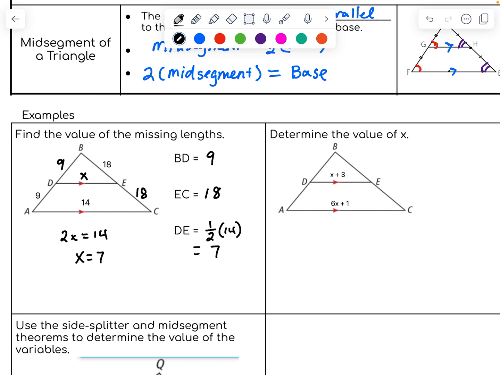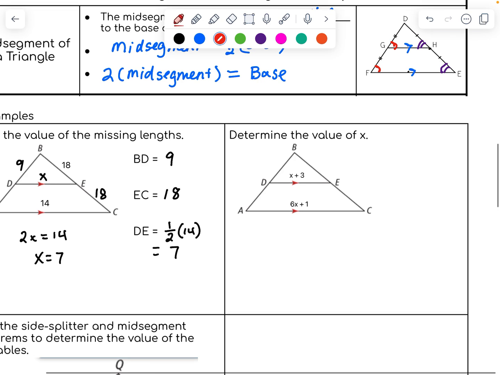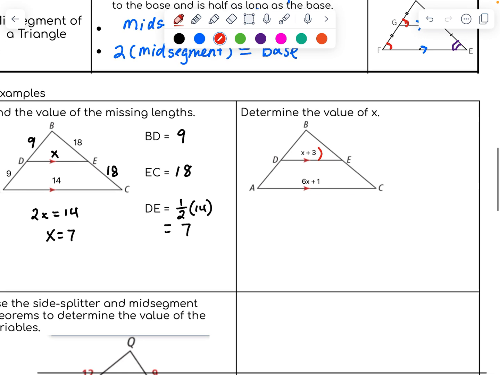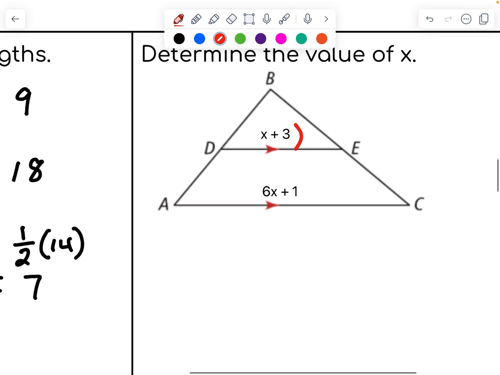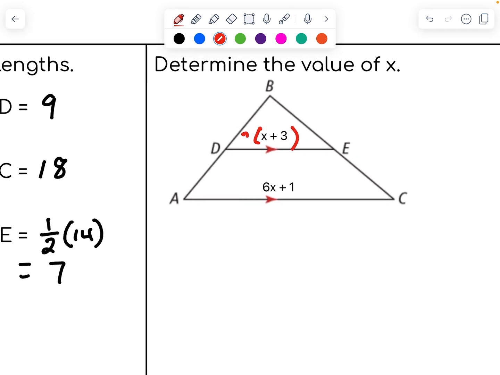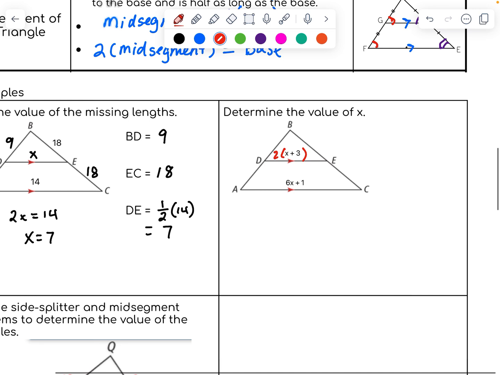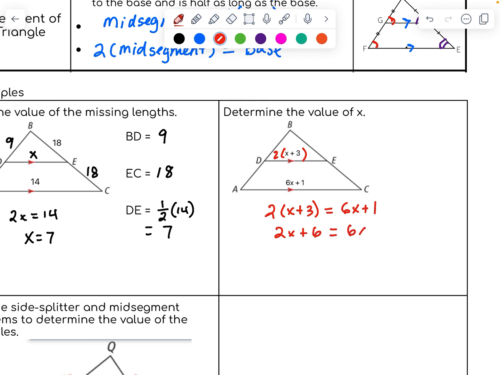So if we come over here, if this is my mid-segment, I want to double it, just like we did there. 2 times (x plus 3) equals 6x plus 1. This would give us 2x plus 6 equals 6x plus 1. Ooh, this isn't fun. I don't think I made a good example here. Oh well. We subtract 6x.